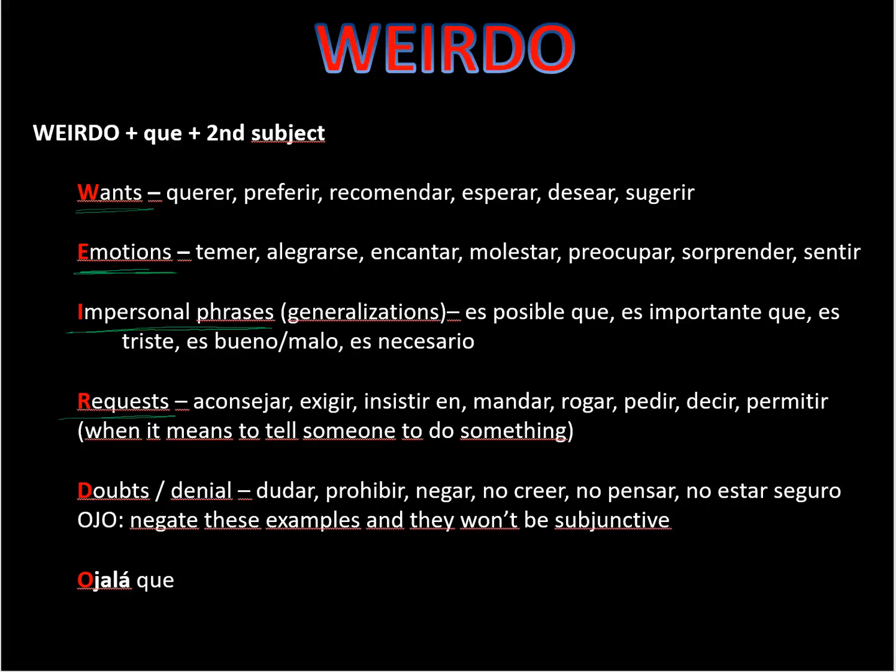I'm telling you that you need to study. When you have a doubt, denial, I doubt that. Or you have ojalá, basically, if only, or God willing. So all of these, this is your weirdo, and you would have a weirdo with a K, and then this would go in the subjunctive form.